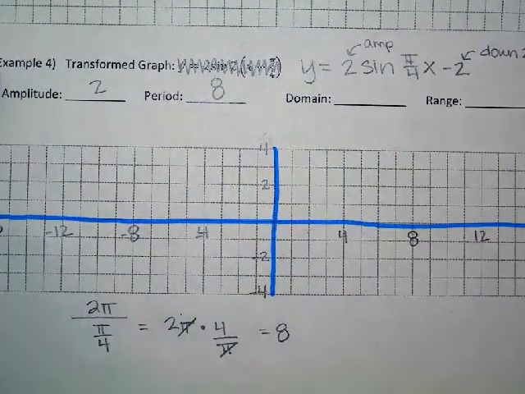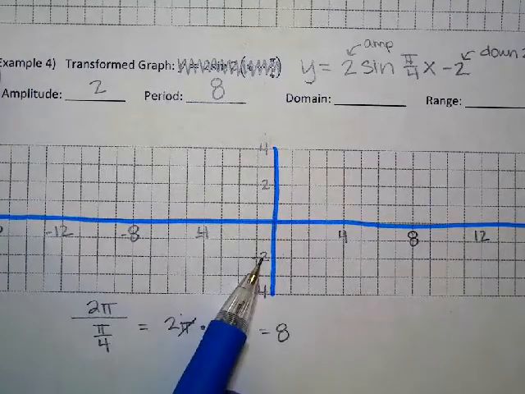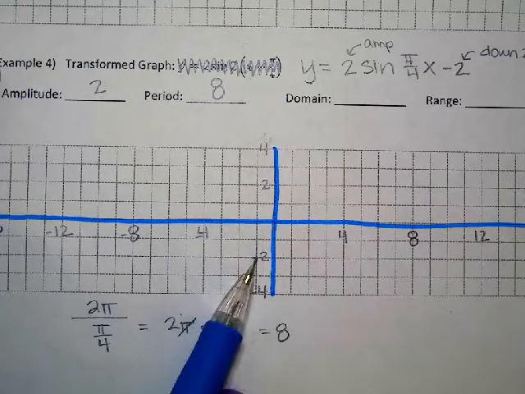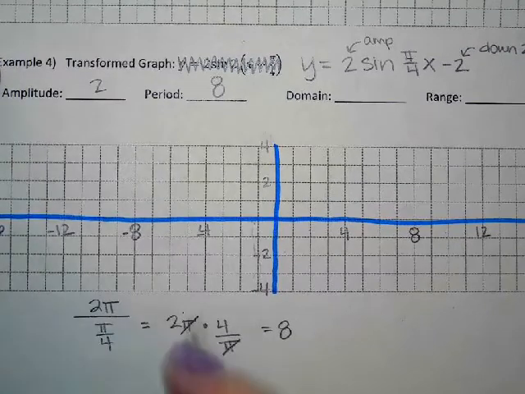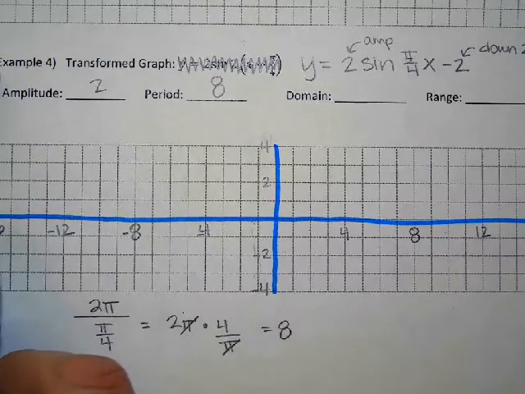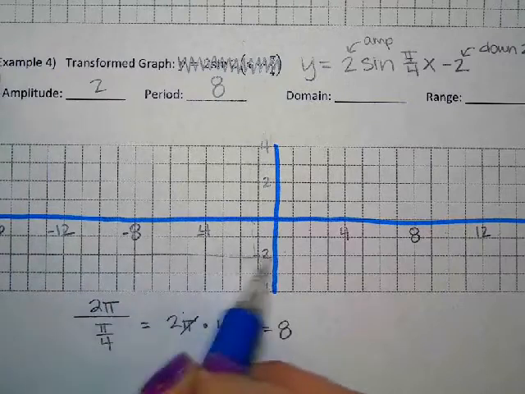Because even if we shift it down 2, we still have space to go up 2 from that and down 2 from that. So we can have our midline right there in the middle and still have an amplitude of 2. So it'll still fit. So I'm going to go ahead and trace my midline right in here. There's my midline.